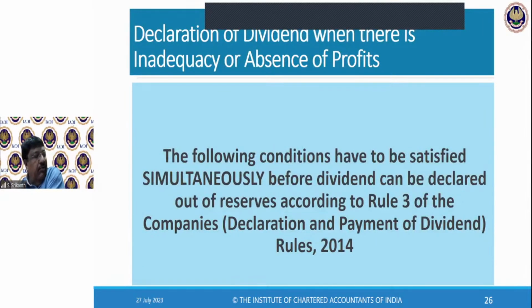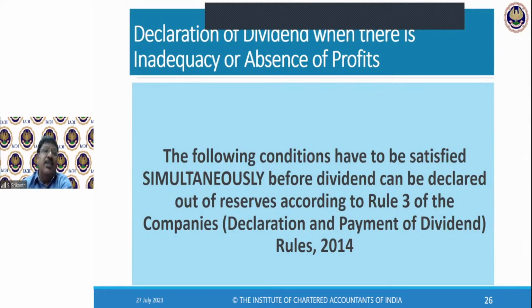Now, we are going to a very, very important topic from the exam point of view. The time now is almost 7:30, 7:28. So, declaration of dividend when there is inadequacy or absence of profits. And what to do. So you can declare a dividend out of reserves. How?